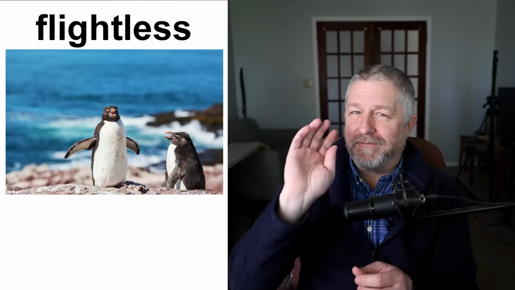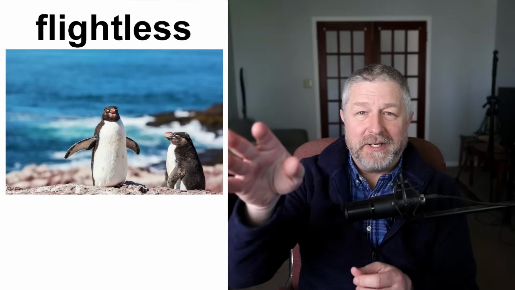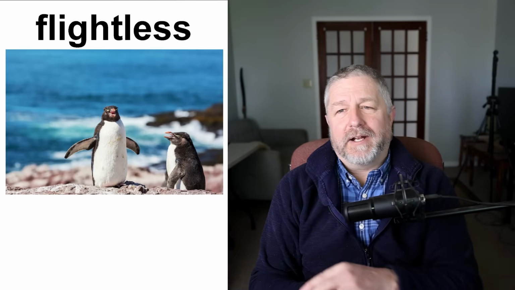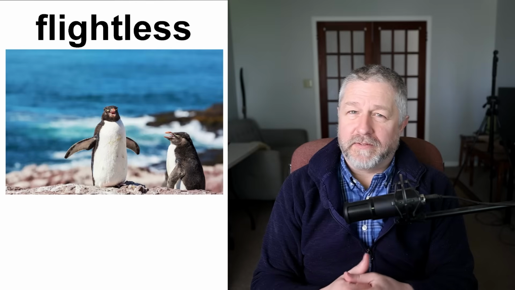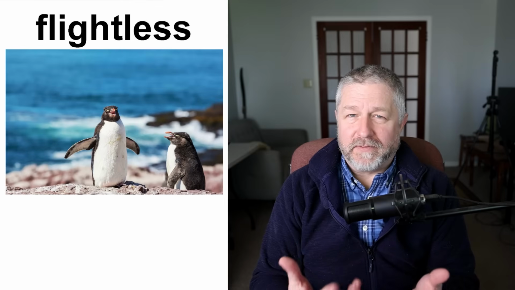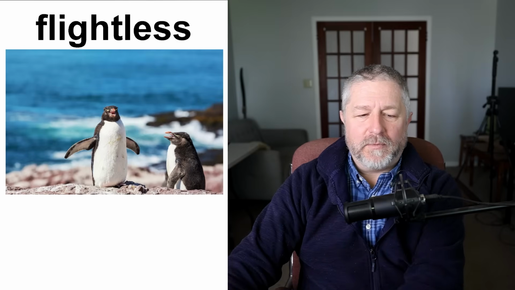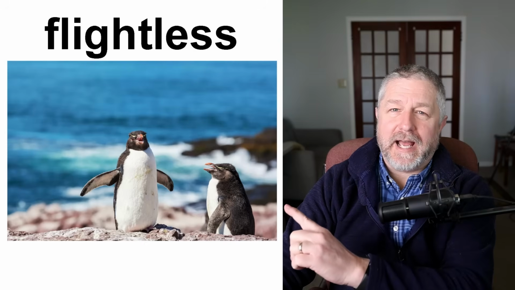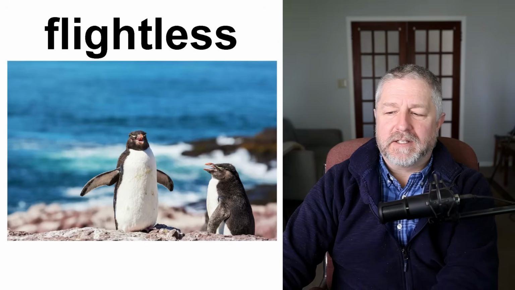Like they can't fly for 100 meters, but they can fly 2 meters. But some birds can't fly at all. Like an ostrich is a flightless bird. A penguin is a flightless bird. Basically, we describe them by saying that they can't do this activity. The bird is flightless.